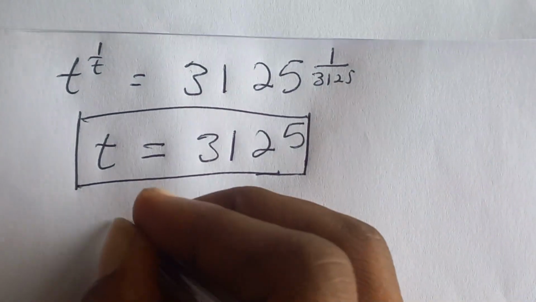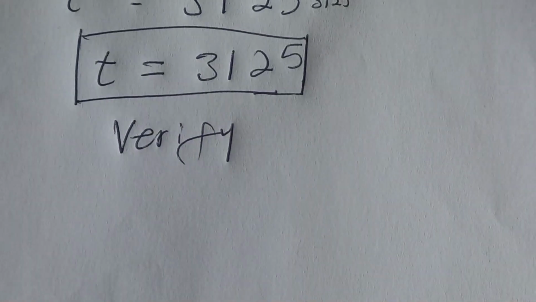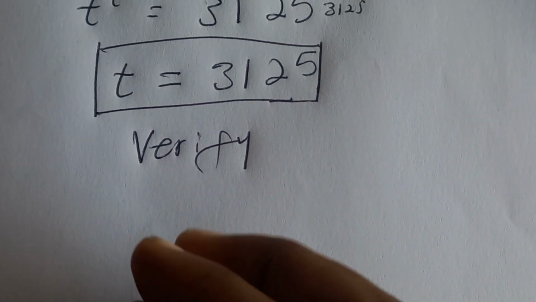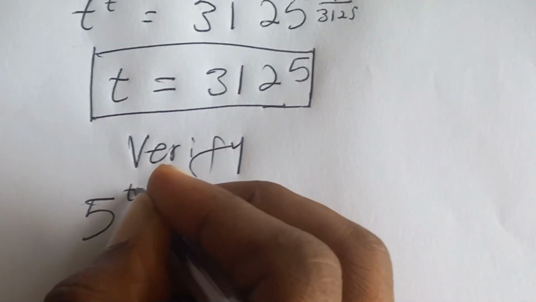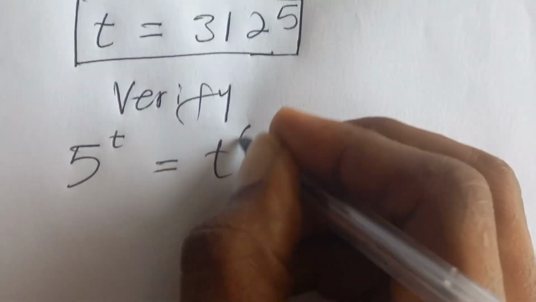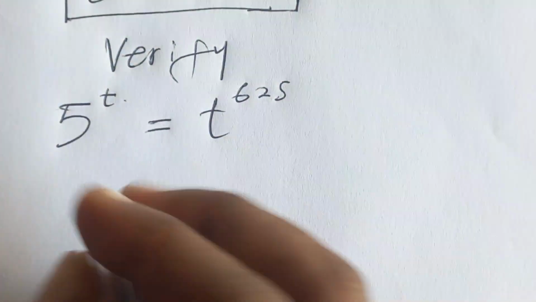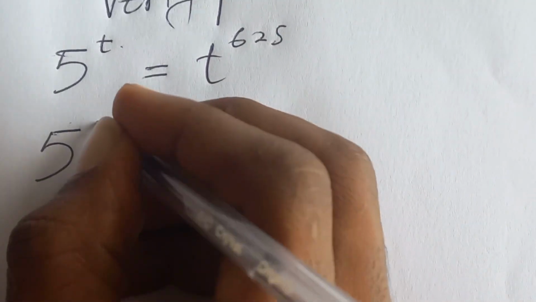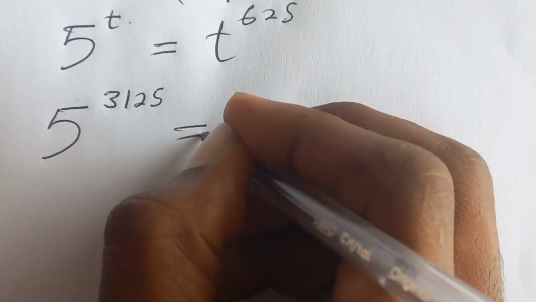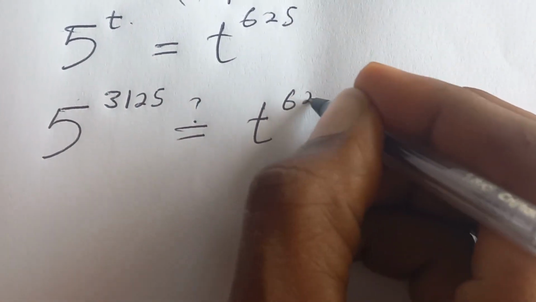Now, let's verify to know if it satisfies the equation. If it satisfies the equation, so we have 5 exponent t is equal to t exponent 625. Now our t is 3125, so 5 exponent 3125, is it equal to t exponent 625?